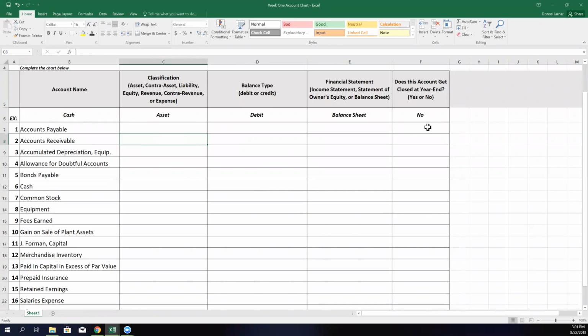If you remember in financial accounting, the first few chapters walked you through the accounting cycle. The last step in the accounting cycle was to close the books, but not every account got closed. So go back and see if you can remember what kinds of accounts get closed and which ones don't. If you find yourself struggling, contact me. I'll walk you back through it.